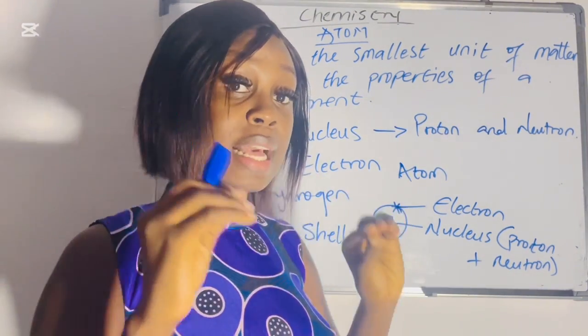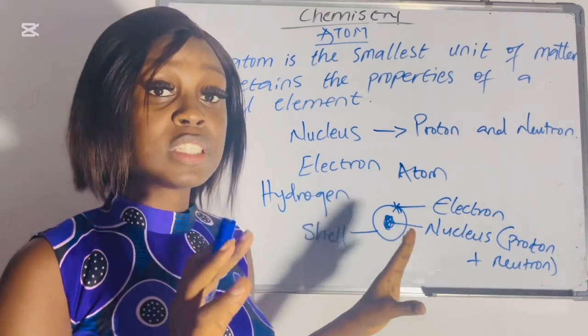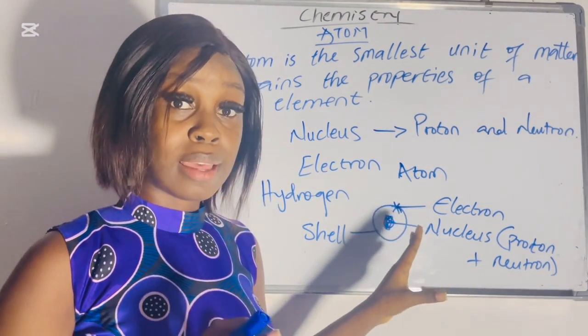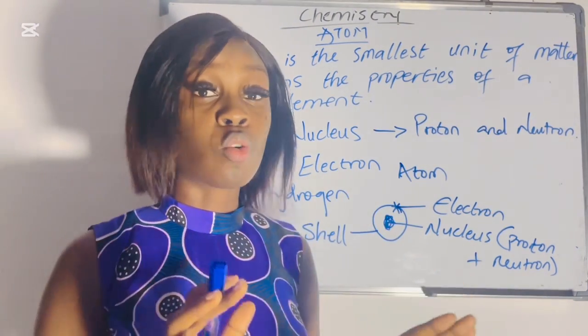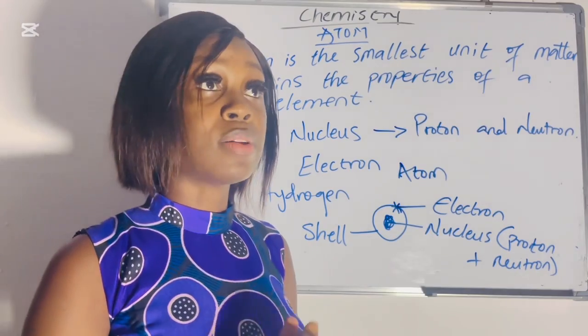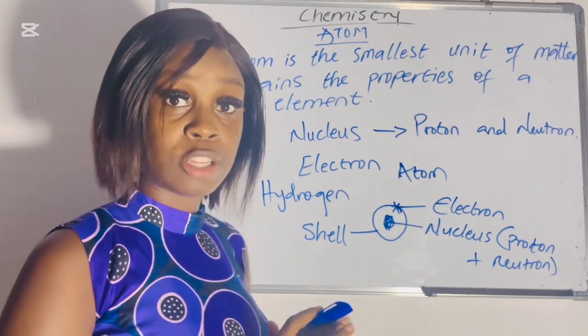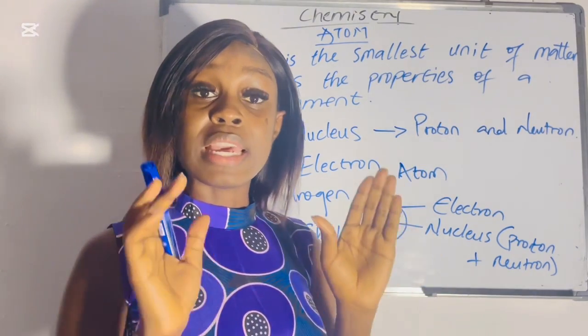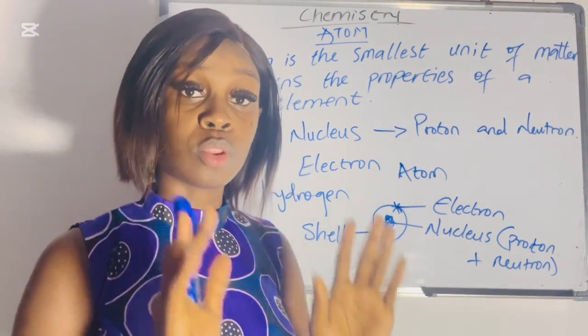Now, the major functions of these properties. An electron is involved in chemical bonding. That elements bond and compounds are formed is because of electrons. Protons have a major role in telling us the atomic number.